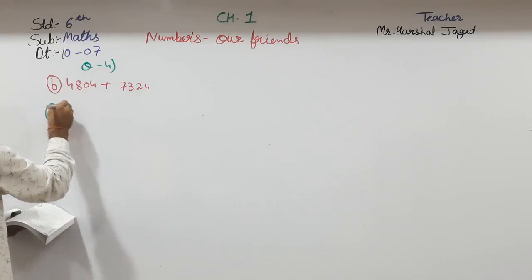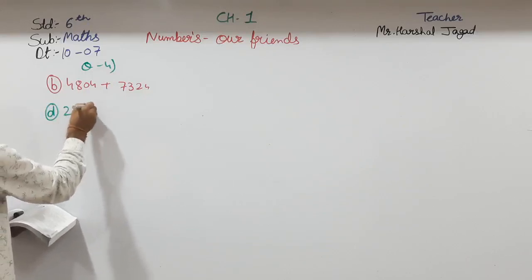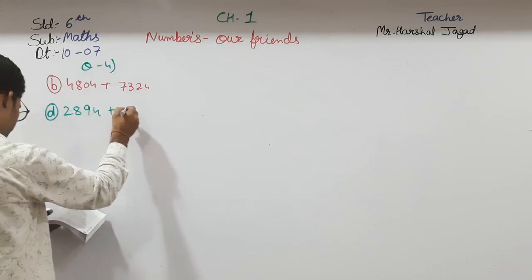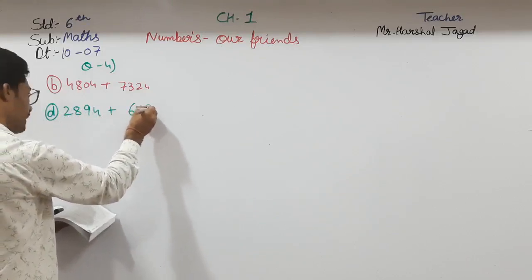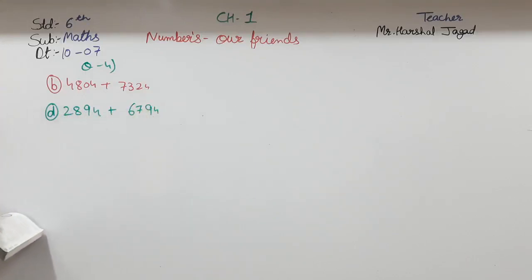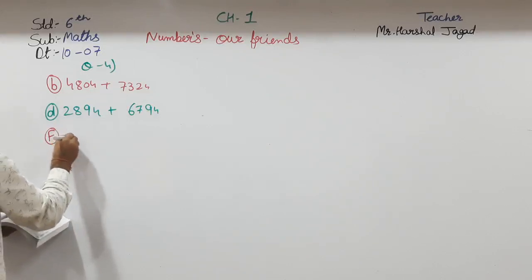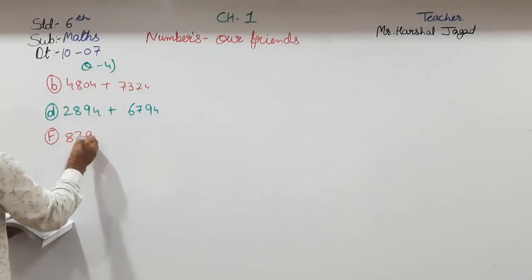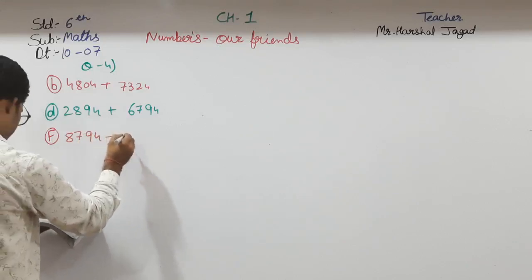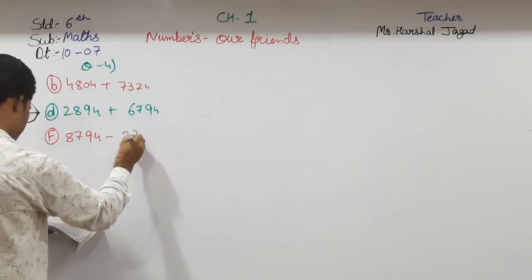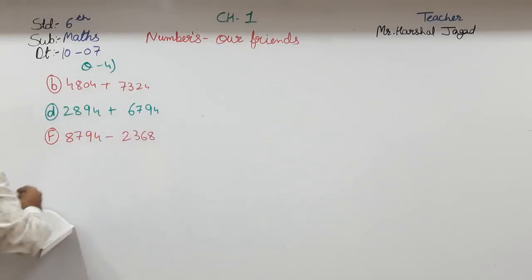Then after D, that is 2894 plus 6794. Then after F, that is 8794 minus 2368.